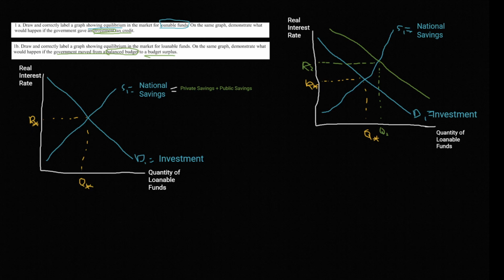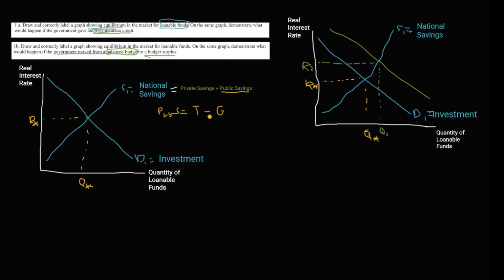So what is the public savings? What does the government save? The public savings, I'll just write S, is equal to taxes minus the government spending.